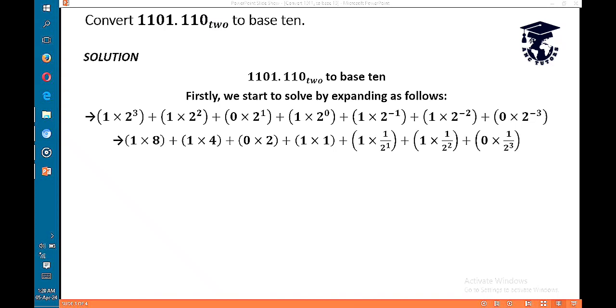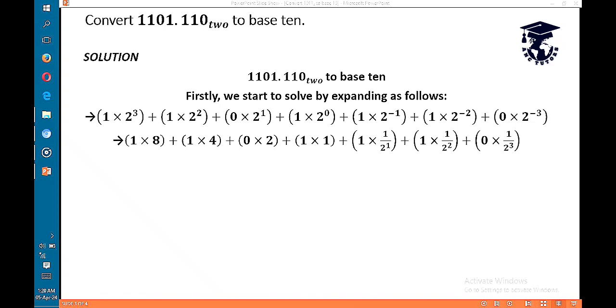The same thing happened in the sixth bracket, where 2 raised to the power -2 became 1 whole over 2 raised to the power 2. Also in the last bracket, 2 raised to the power -3 became 1 over 2 raised to the power 3. So whenever a negative index comes under, there will be a 1 on top, and the minus sign is going to disappear.